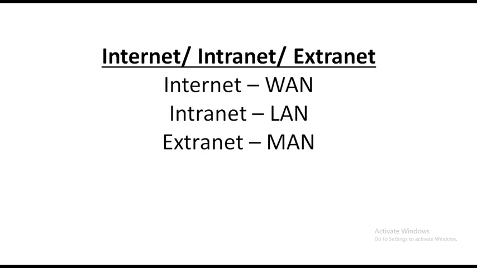You have already studied this in Chapter 10. The internet is a network of global connections comprising private, public, business, academic and government networks linked by guided, wireless and fiber optic technologies. Private means some private organizations, public means some government organizations.